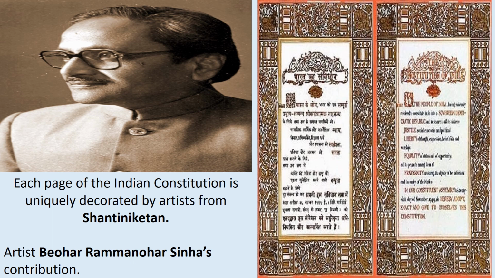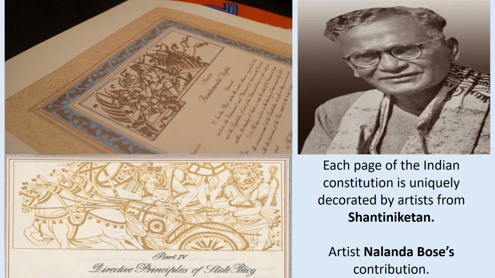These artists were from a group which was known as Shanti Niketan. And this is another contribution from artist Nalanda Bose. If you can see the design which is drawn on the paper, those are the contribution from Nalanda Bose, who was also from the same group, Shanti Niketan.